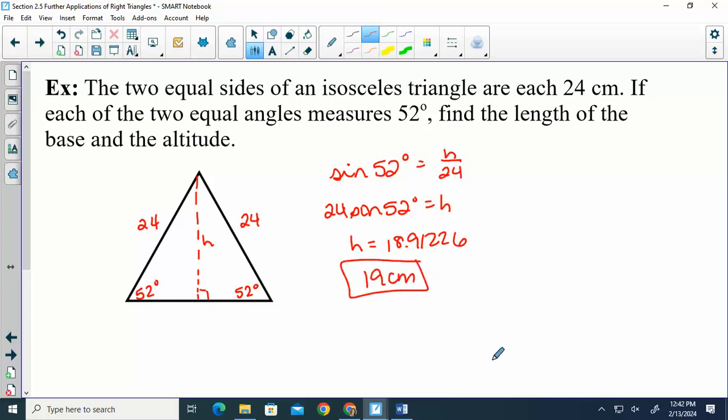All right, what about the base? What would I do? Cosine. If we find this, all we have to do is take it times 2 and we have the total base.